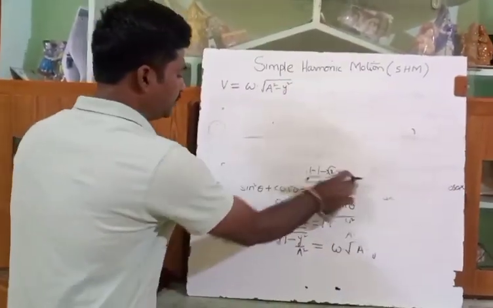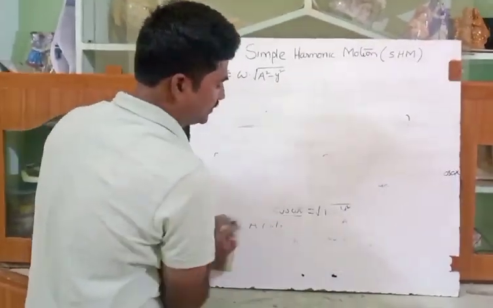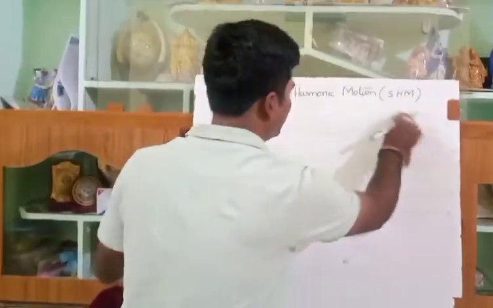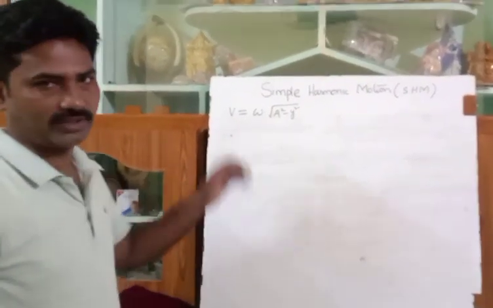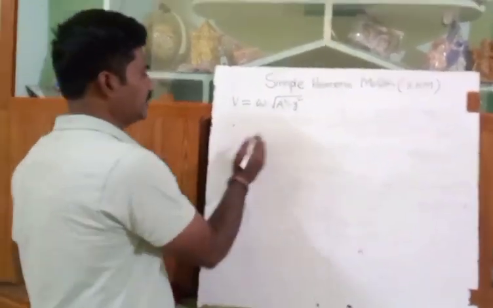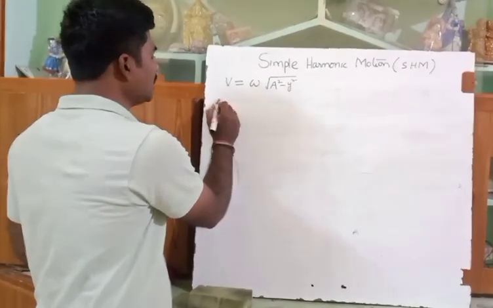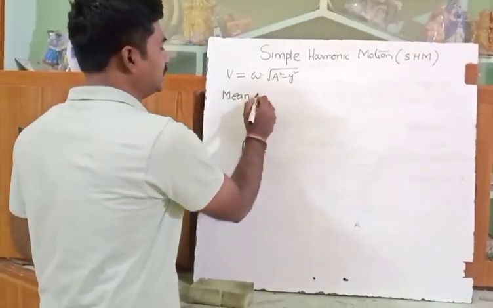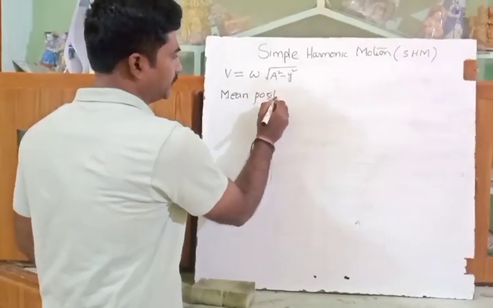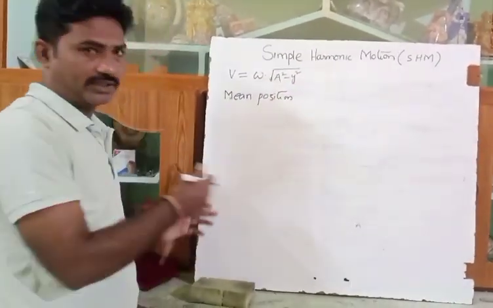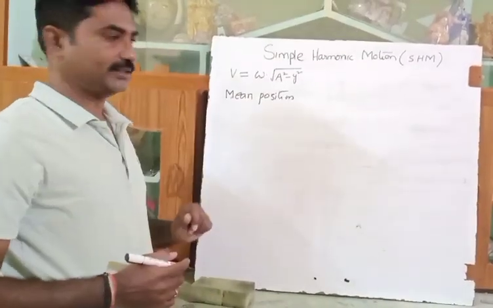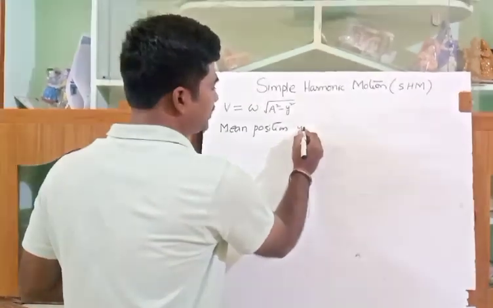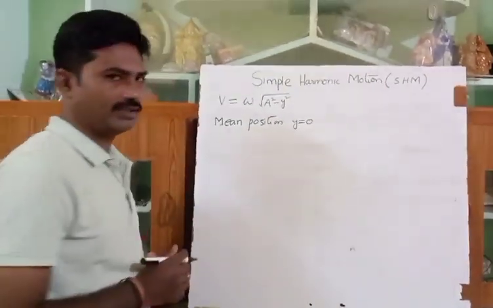It is a very important equation in numericals; in competitive examinations they will ask you to find the velocity of a particle, and then we use this equation. From this equation it is very clear: when the particle is at the mean position while oscillating, the displacement is 0.